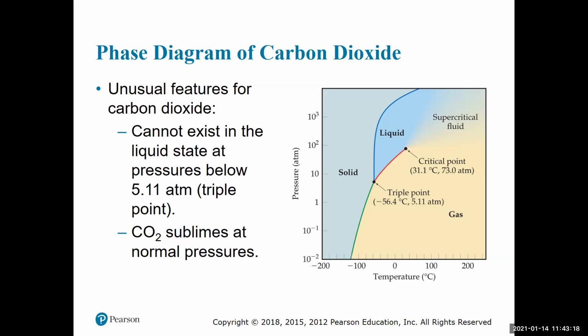So you can see why, from an engineering perspective, it's probably not too difficult to get to this area up here, because I just have to go above 31.1 C and above 73 atmospheres, and that puts me in this supercritical fluid part. So creating supercritical CO2 isn't really that difficult to do.